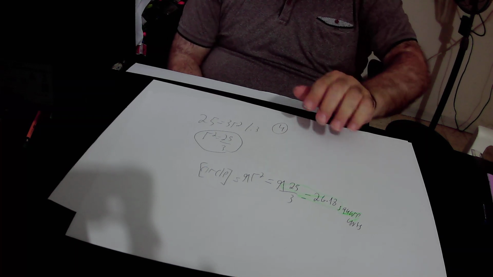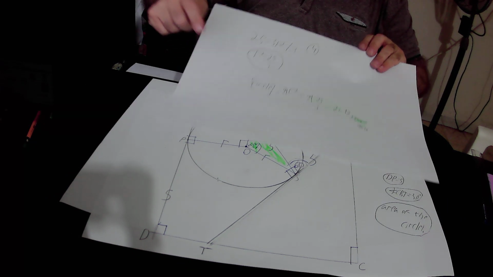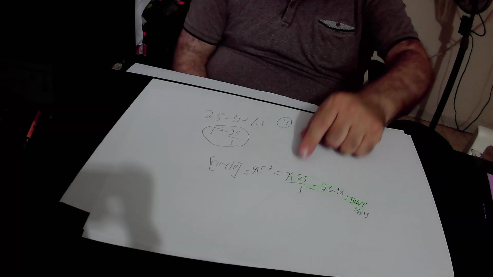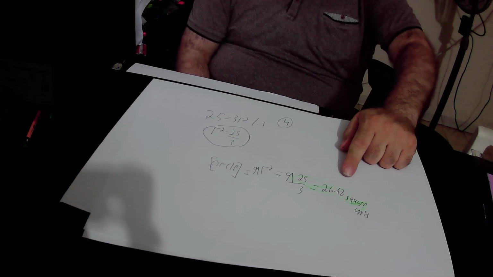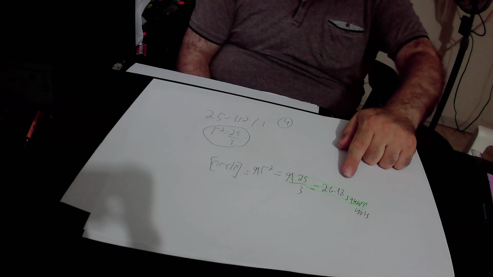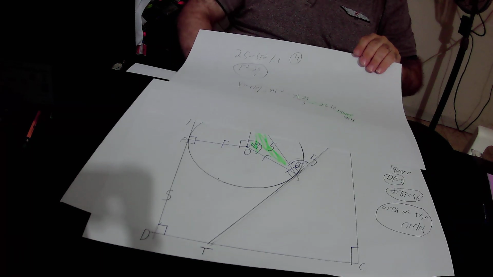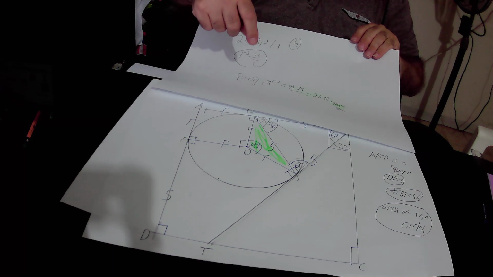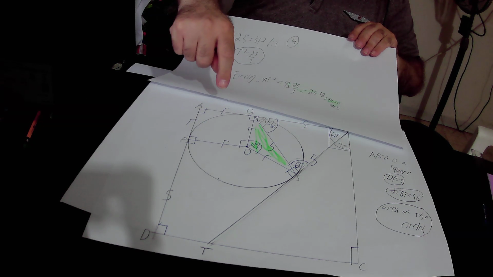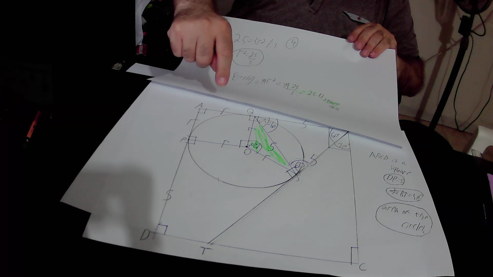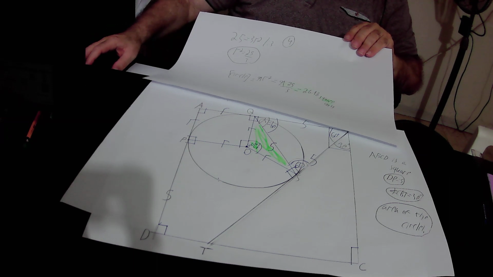And we found that the area of the circle, the area we are looking for, equals either 25 pi over 3 square units, or in terms of numbers, 26.18 square units. Okay, thank you very much.